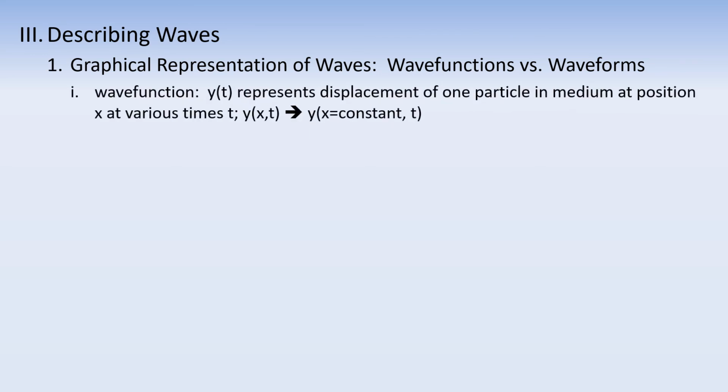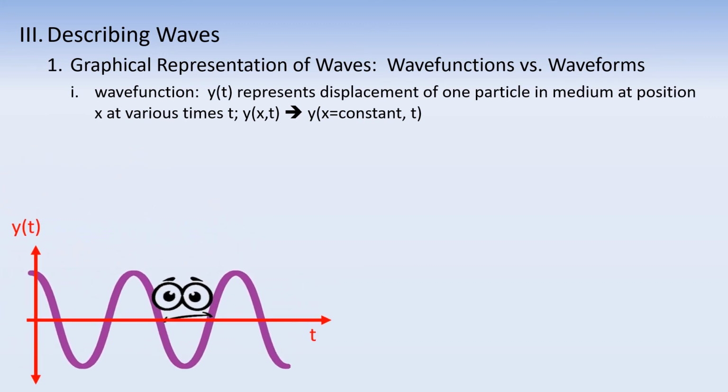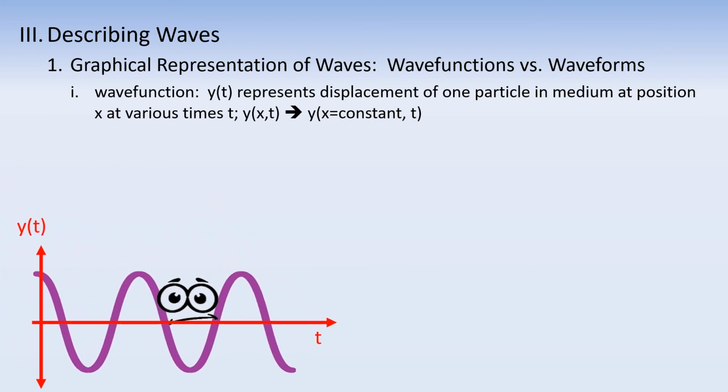So starting with a wave function, a wave function can represent the displacement of one particle in a medium at, let's say, one specific position x, where we let x have a constant value. So we're looking at one particle at various times t.